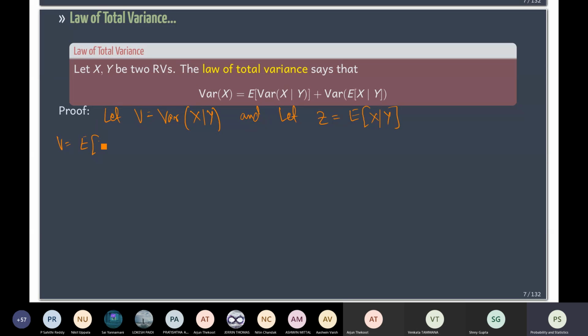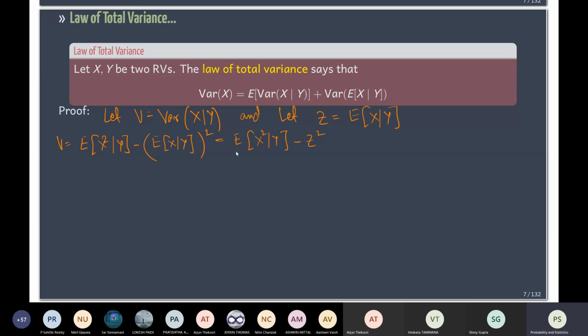So this is the expectation of x square given y minus the expectation of x given y, and this whole squared. This is equal to the expectation of x square given y minus, according to our notation, z squared.